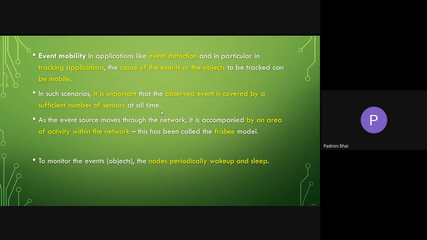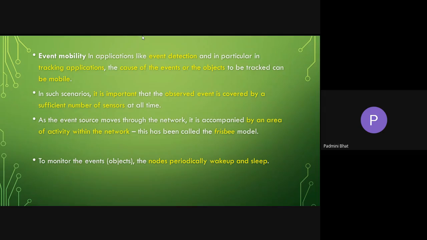In such a scenario, it is important that the observed event is covered by a sufficient number of sensors at all times; more than one sensor should be there for that object. As the event source moves through the network, it is accompanied by an area of active region, and that is called the Frisbee model.